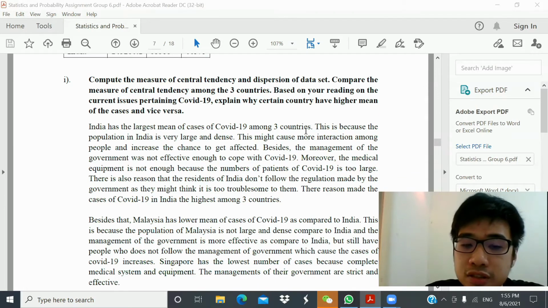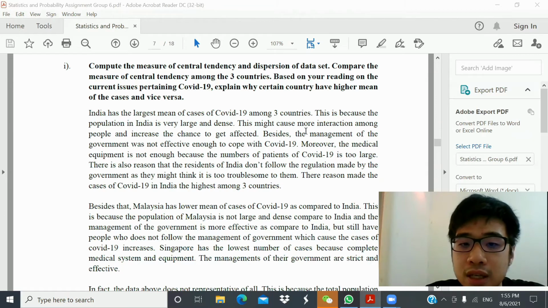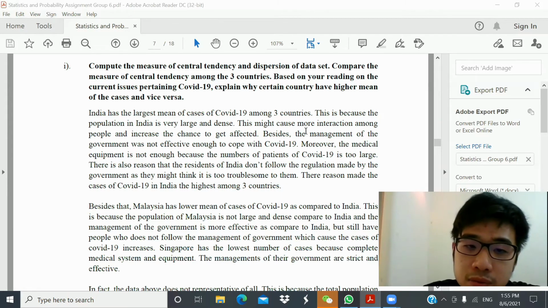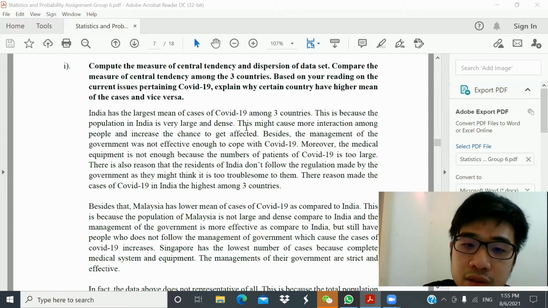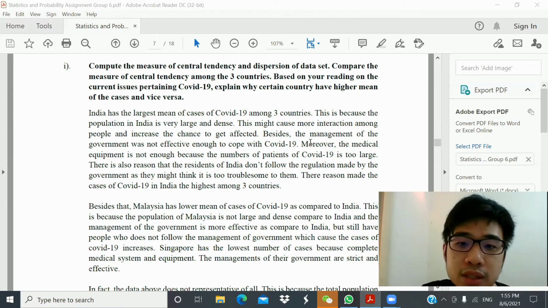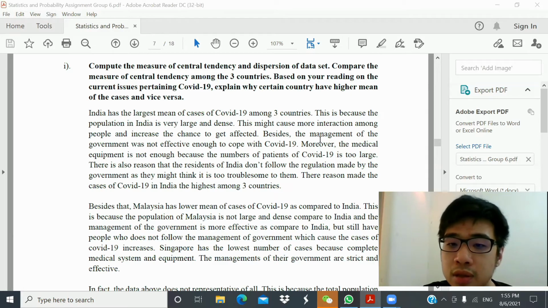India has the largest mean of COVID-19 cases among the three countries. This is because the population in India is very large and dense. This might cause more interaction among the people and increase the chance of getting infected. Besides, the management of the government was not effective enough to cope with COVID-19.